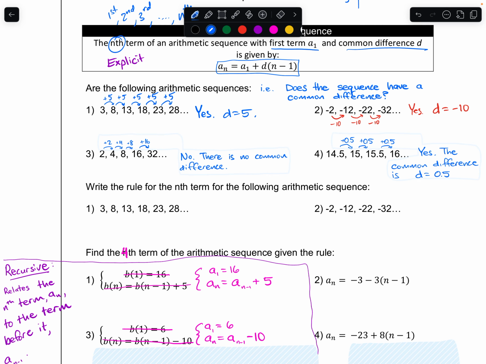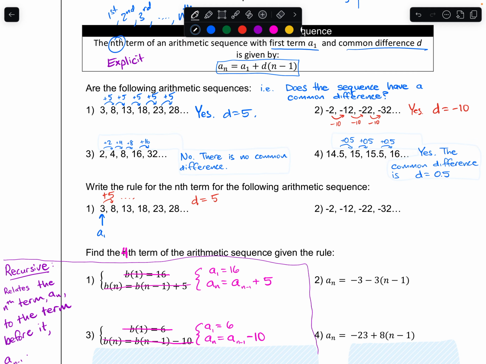If we know that, then we're good. It shouldn't be too hard to find the first term. It's just the first number in our list. This is a sub 1. It's 3. And then, to get from one term to the next, let's double check. Oh wait, this is the same sequence as we had in number 1 up there, right? So we're just adding 5 every time. So the common difference is 5.